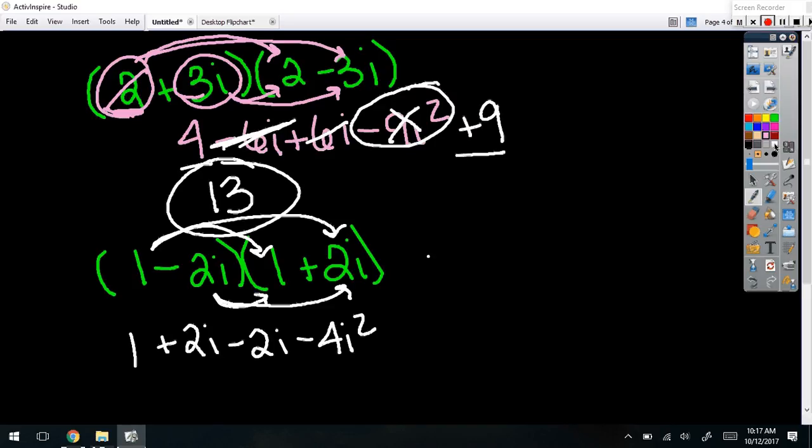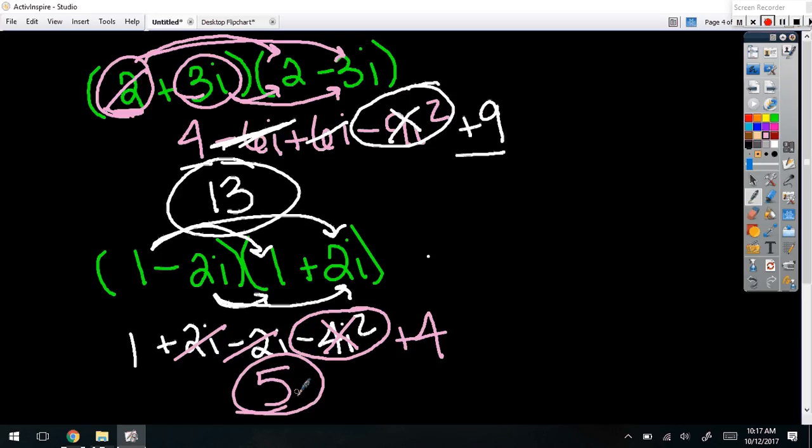Go ahead and cross them out. The 4 goes over here because the i squared becomes positive. And then you do 1 plus 4, that's 5. These are special.